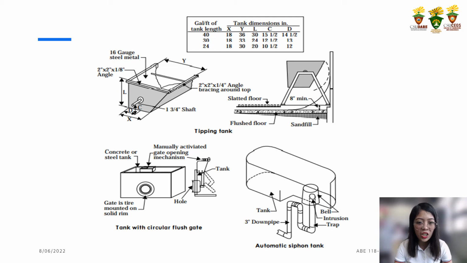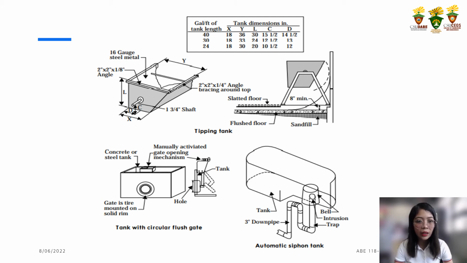So some flush tanks have manually operated gates, and these tanks are emptied by opening either a valve or a standpipe. So there is a pipe plug or a flush gate. So float switches can be used to control flushing devices.